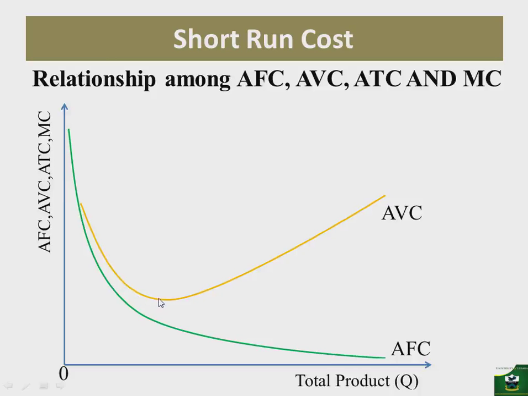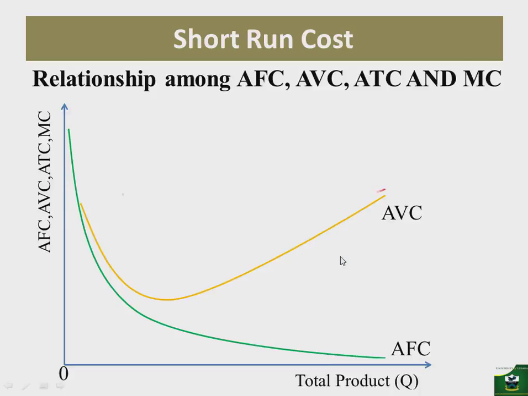And when the average variable cost curve is at minimum, the firm has reached a point where it's about to change from rising output at an increasing rate to rising output at a diminishing rate. And when the average variable cost curve is going up, this is a period when the firm is experiencing diminishing marginal returns to a variable factor that it is bringing into the production process.